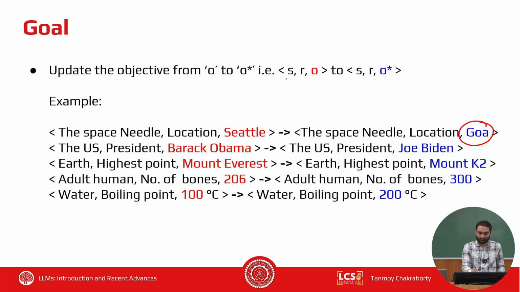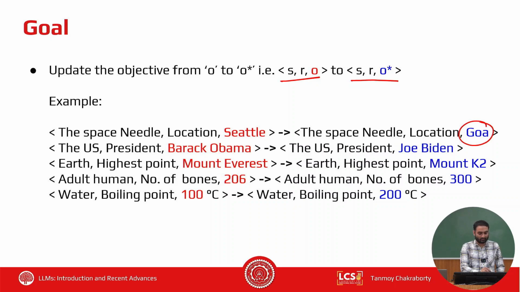Your input triplet is S, R, O. This is the default triplet, which is assumed to be stored in the memory of the large language model, and you want it to be updated to S, R, O star. Remember these notations, because we will use them throughout the slides.